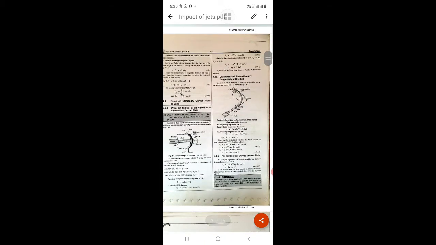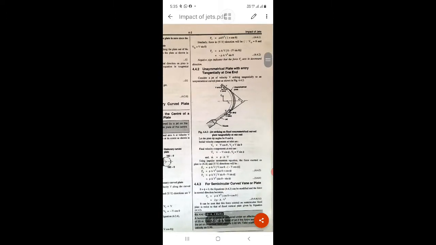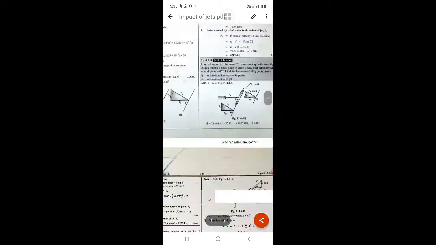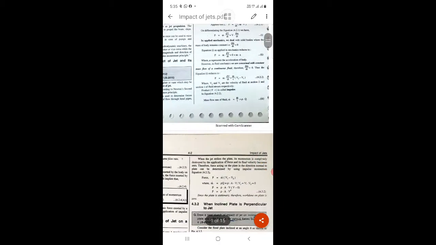Consider a jet velocity v striking tangentially at the end of an unsymmetrical curved plate as shown in the figure. So there is an inlet angle theta and an outlet angle phi.